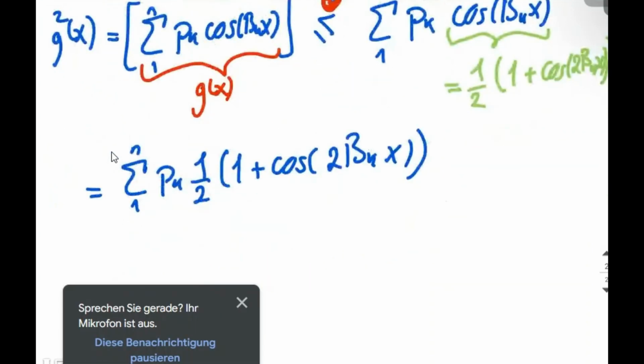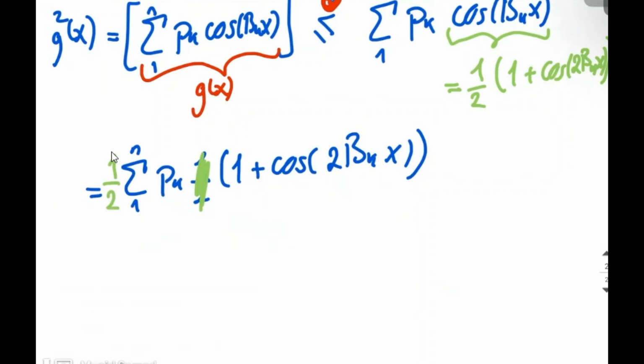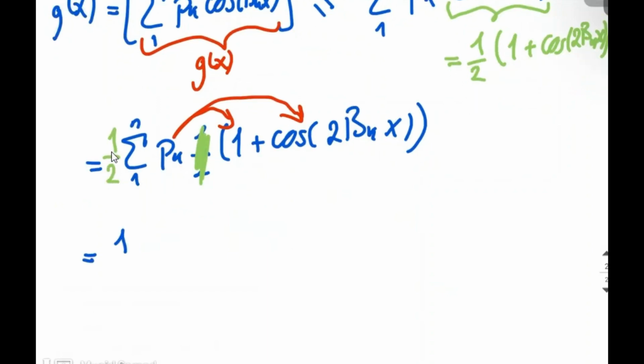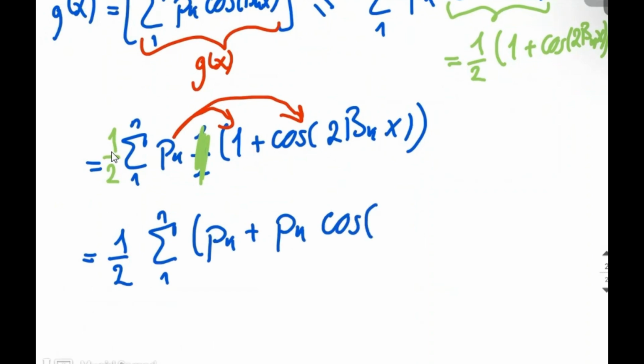So what we can do already is pull this 1/2 out because it's just a constant. And what we want to do is multiply this pk with both terms in the bracket. So we have 1/2 times the summation from 1 to n of pk plus pk times cosine of beta k 2x.